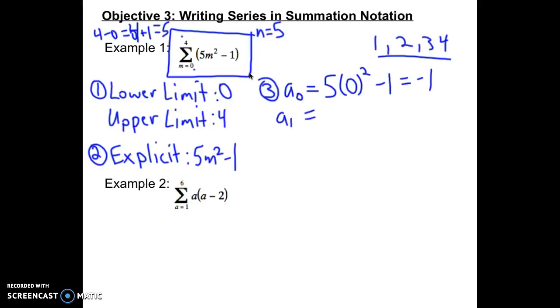For the first term, instead of m, I'm going to put 1 squared minus 1, so 1 squared is 1, 5 times 1 is 5, 5 minus 1 is 4. So the first term is 4.